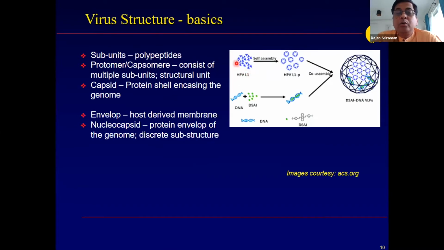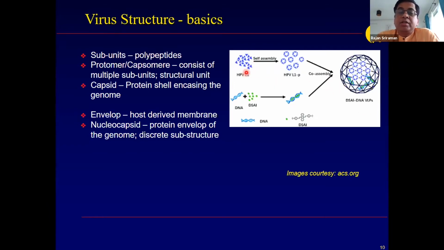L1 alone can self-assemble. L1 expresses and assembles as a pentamer. So a protomer or capsomer consists of a multiple assembly of a polypeptide, and multiple of these capsomers assemble as a virus particle.